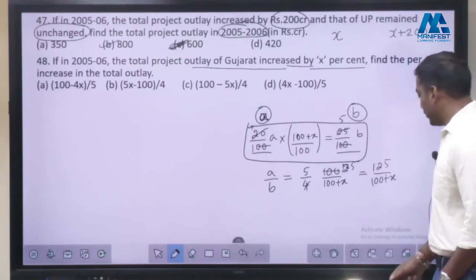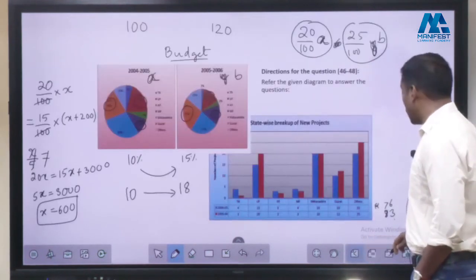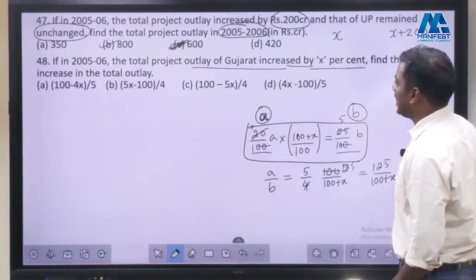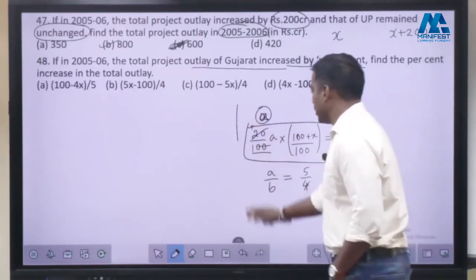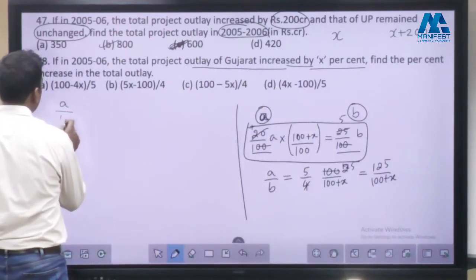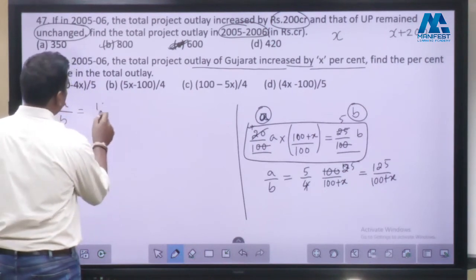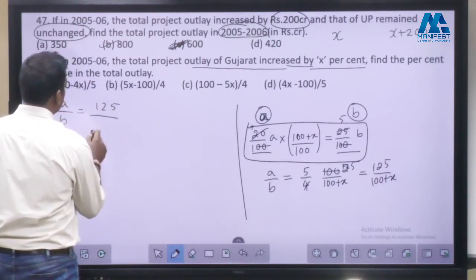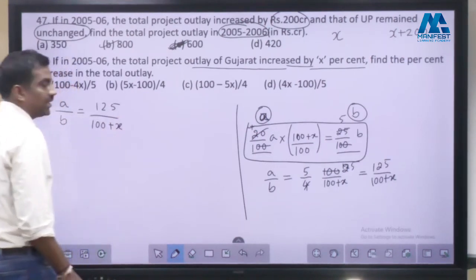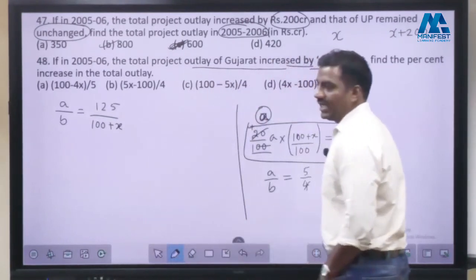They are asking what? Find the percentage increase in the total outlay. So A by B is equal to how much? 125 divided by 100 plus X, correct? Now they are asking the percentage increase.